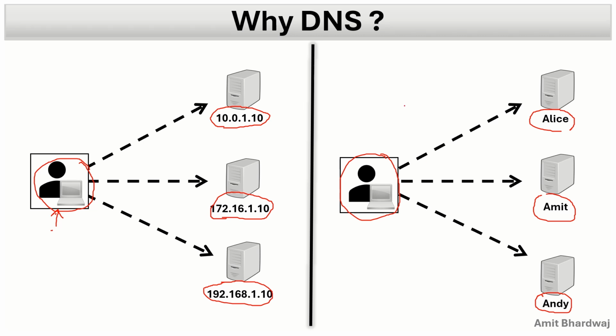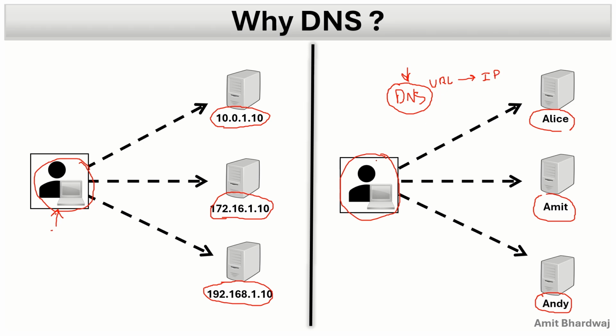That is where DNS comes into picture. So earlier the user has to remember the IP address of all the servers. But no, that responsibility has been offloaded onto the DNS server, which keeps the mapping of the URL or the domain name to that of the respective IP.